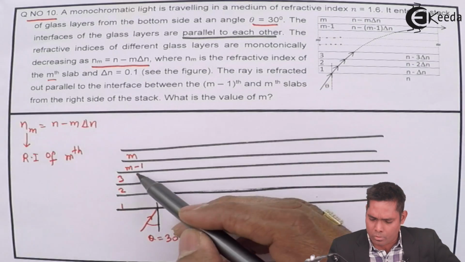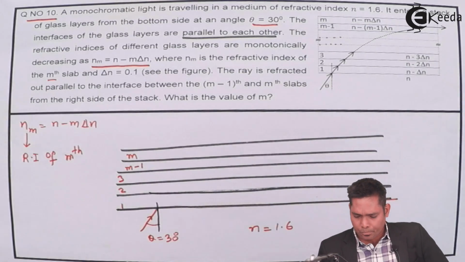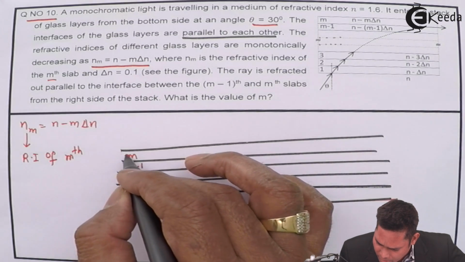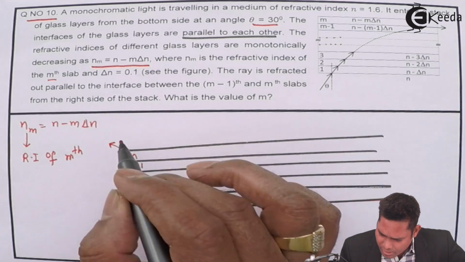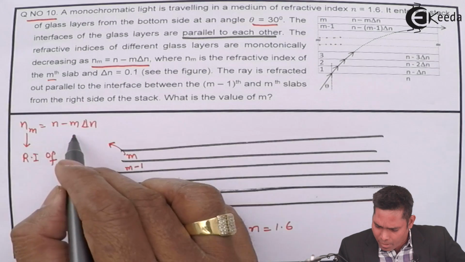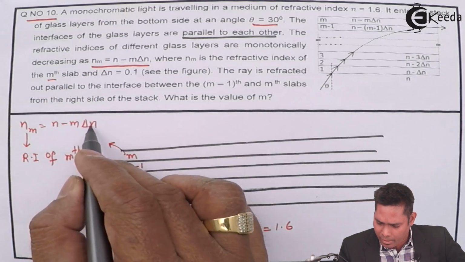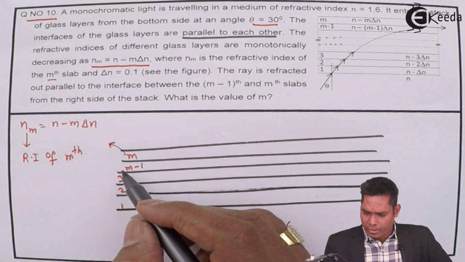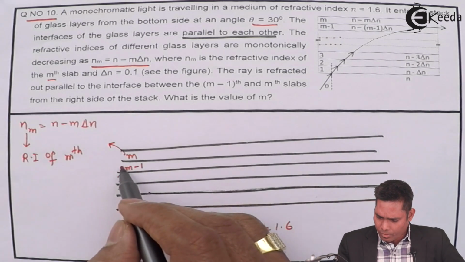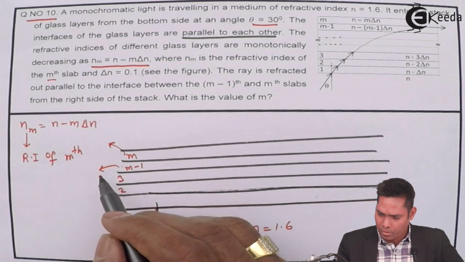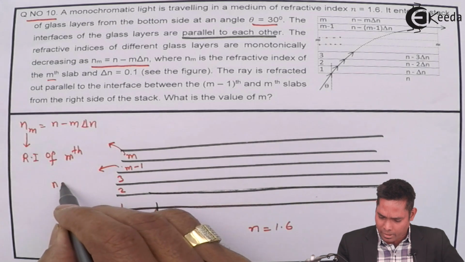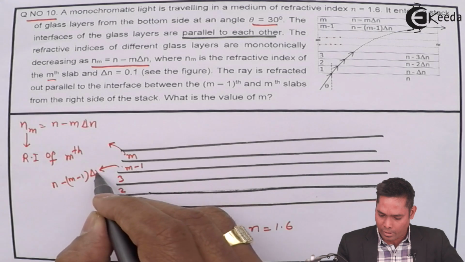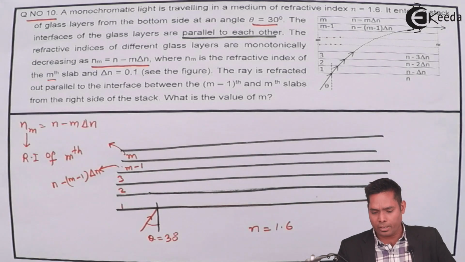The refractive index of this m layer is n_m, which is given by n minus m delta n. So obviously the refractive index of the m minus 1 layer should be n minus (m minus 1) into delta n.